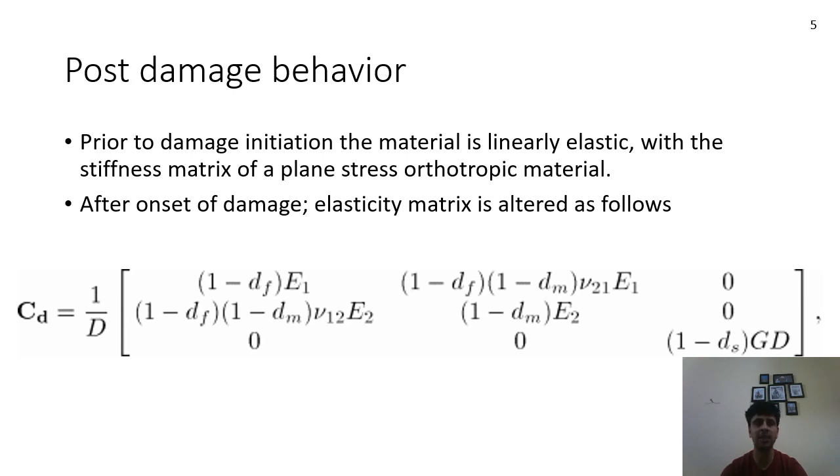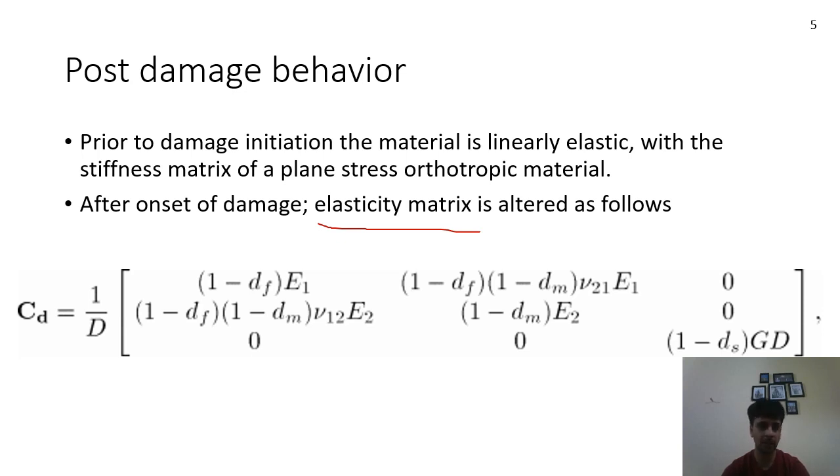After onset of damage, the elasticity matrix is altered as follows, where each term of your elasticity matrix is reduced by a factor 1 minus d, where df, dm, etc. are your damage parameters whose value varies from 0 to 1. Also keep in mind that this is the elasticity matrix, not the stiffness matrix. So the different engineering constants are altered using formulas like this.